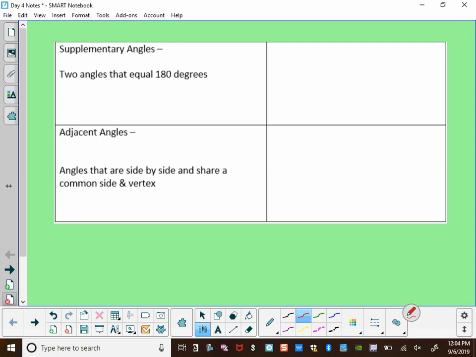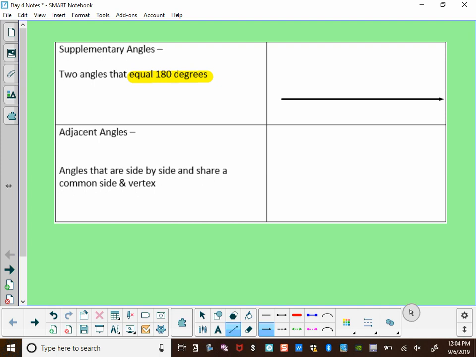All right, now I have supplementary angles. Supplementary are 2 angles that equal 180 degrees. So if they equal 180 degrees, let's draw a straight angle. We learned the other day that a straight angle is equal to 180 degrees. And let's say that I'm just going to create an angle here.